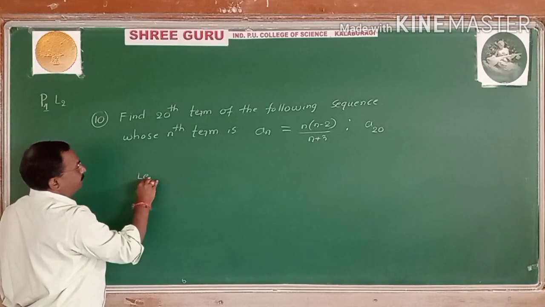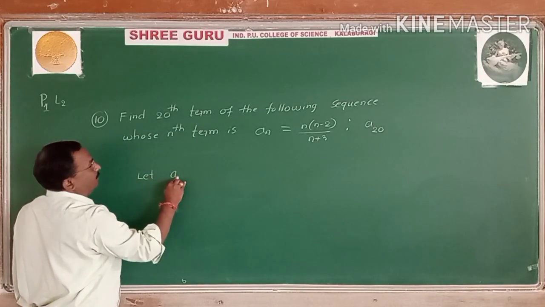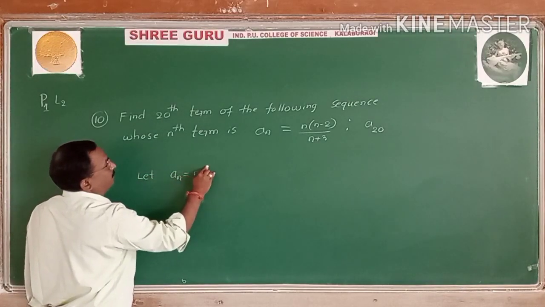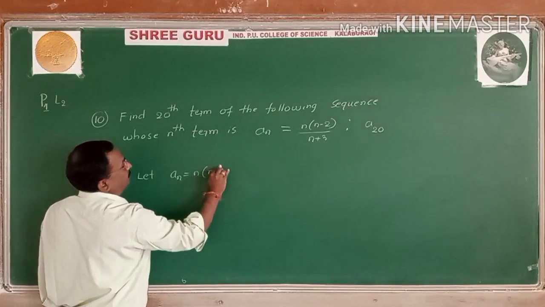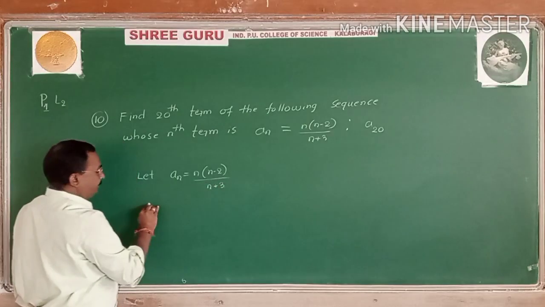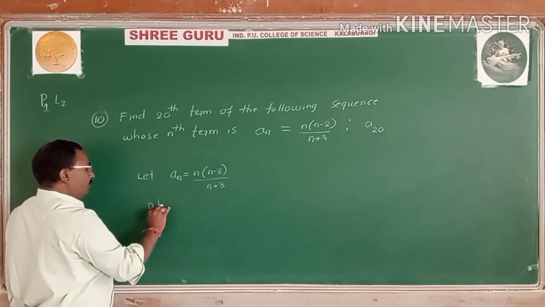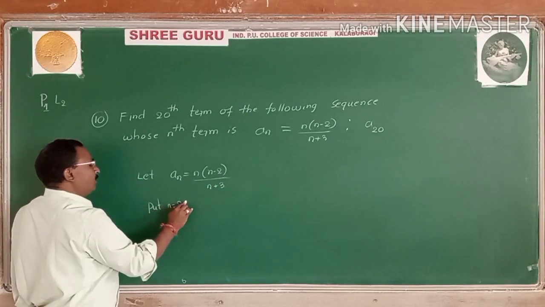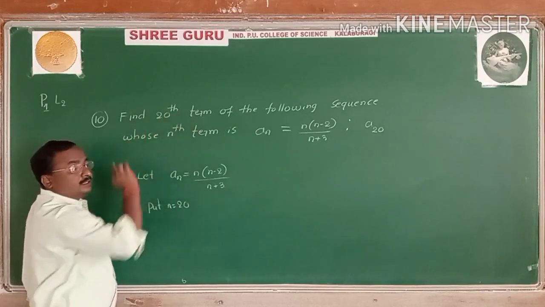Let an is equal to n into n minus 2 divided by n plus 3. Put n is equal to 20 to find the 20th term.